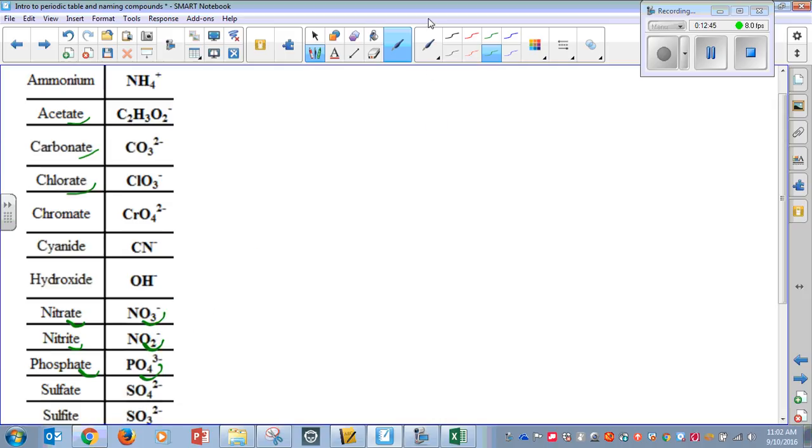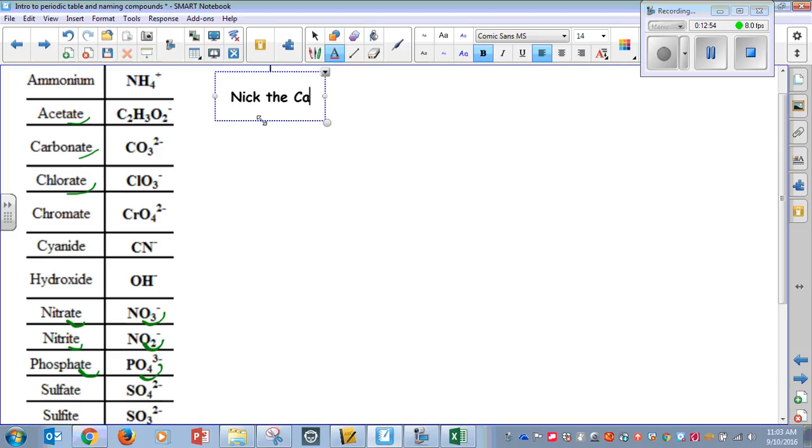There was a mnemonic that I taught in class to remember the 8 ions, most of these, and it was: Nick the camel ate a clam supper in Phoenix. N stood for nitrogen.